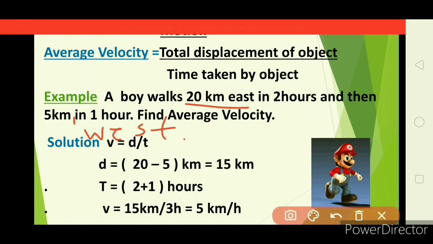So we have the average velocity formula, which equals displacement upon time. Students also know we always denote velocity by vector notation. Here I didn't put it, but you always remember.